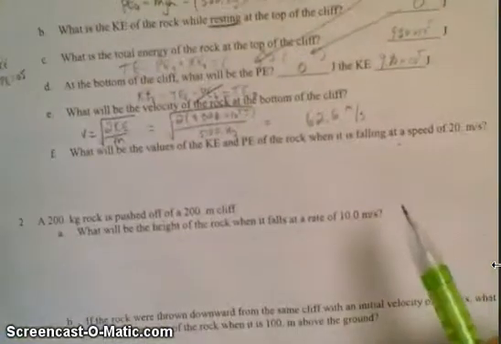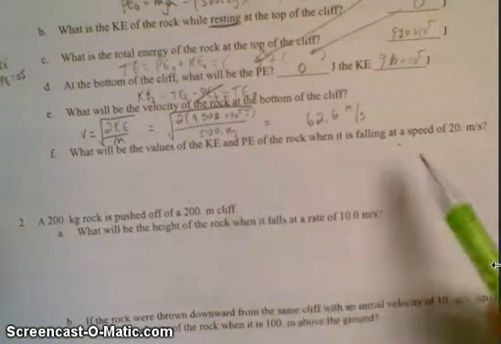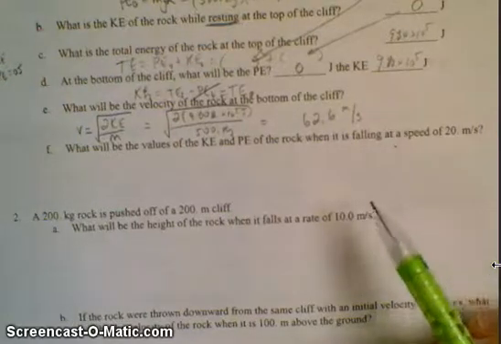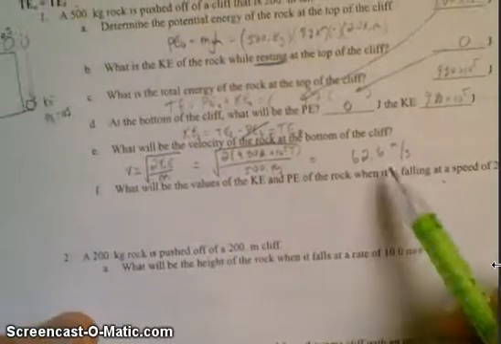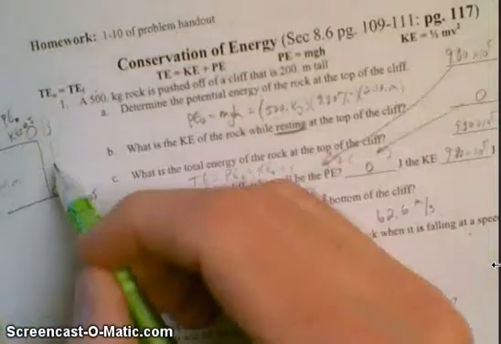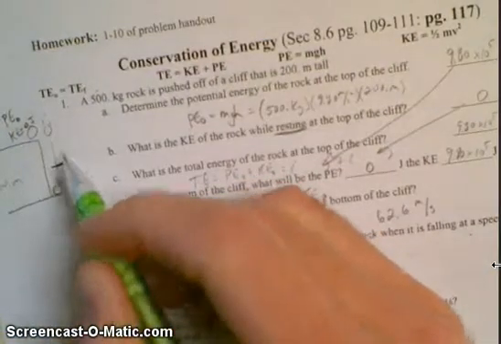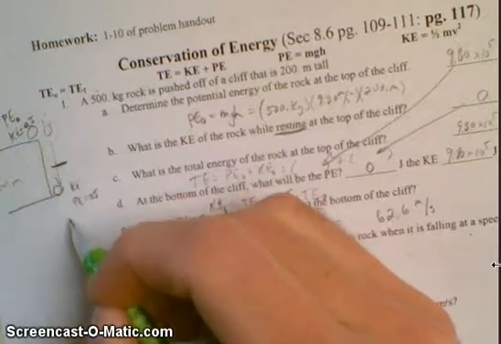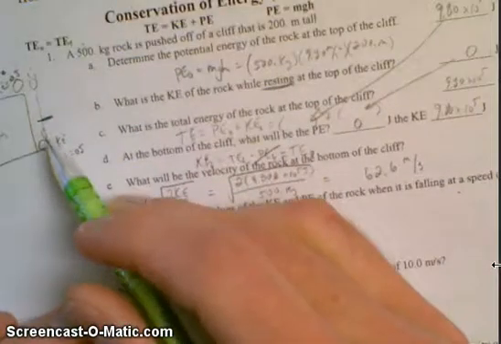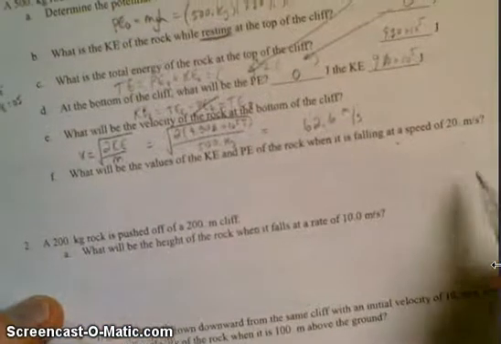Now, F's a little trickier. What will be the values of the kinetic and potential energy of the rock when it's falling at a speed of 20 meters per second? So when it hits the ground, it's going at 62.6. So when it's going at 20, we're not to the ground yet. We're somewhere in this region. So it's fallen a little bit, but it's not fallen all the way. So we have a potential, and we also have a kinetic. So what can we solve for using this speed?